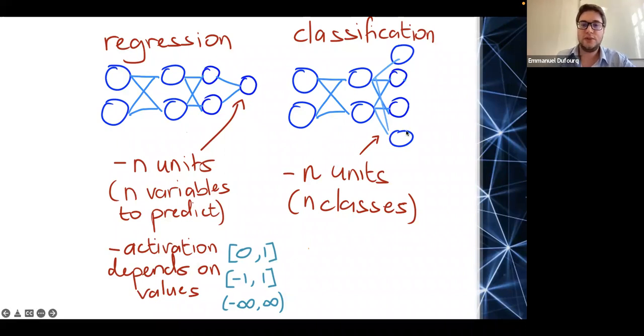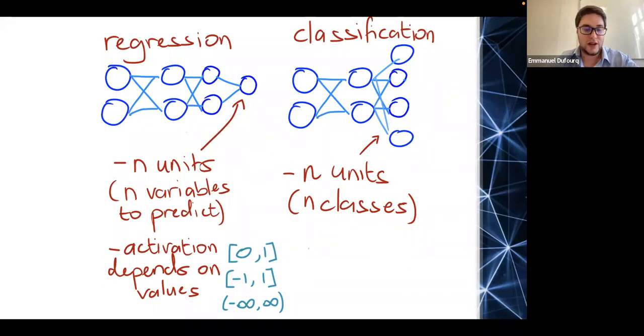For a classification problem, you will typically use a softmax activation function. For regression, it depends on the scale, the range of your output variables. If the target variable you're trying to predict is between -1 and 1, you could use a hyperbolic tangent function, for example.